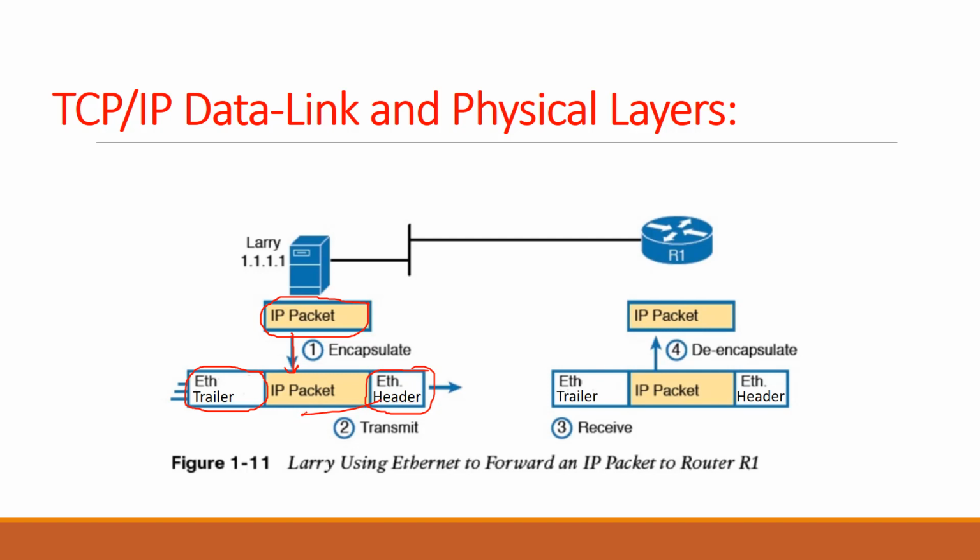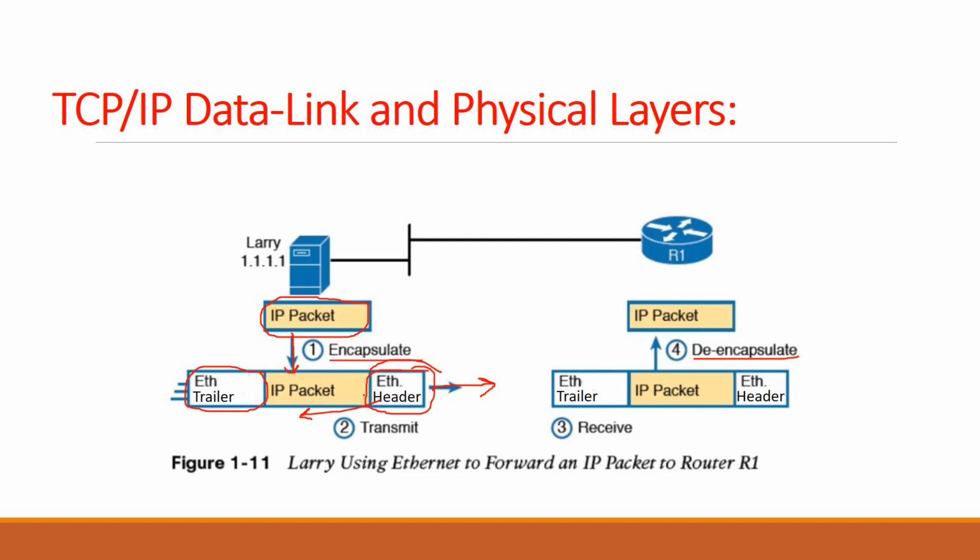This information describes the details of the link between the two hosts. We call this a frame, and we will discuss the names of each part of each layer in the coming slides.